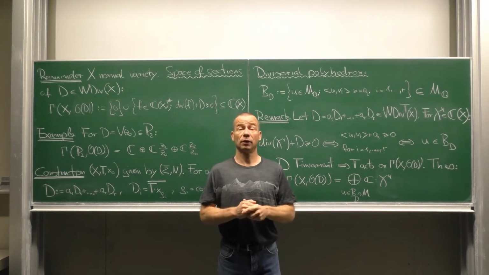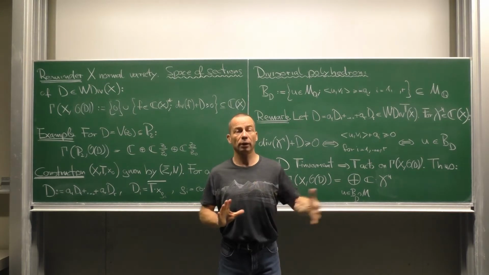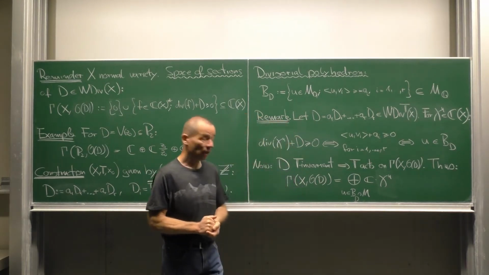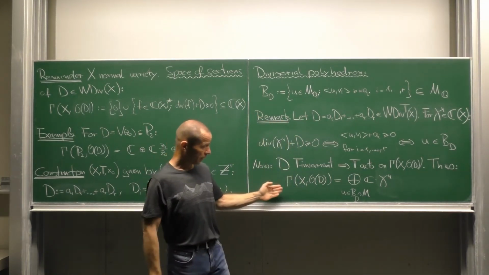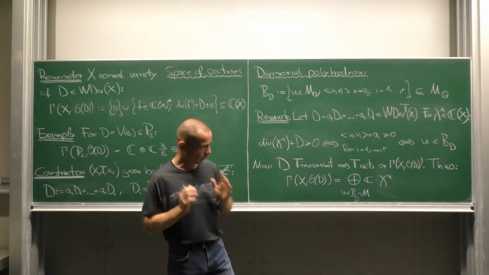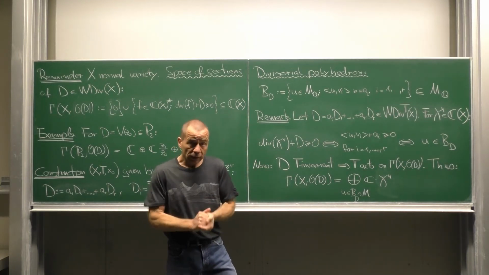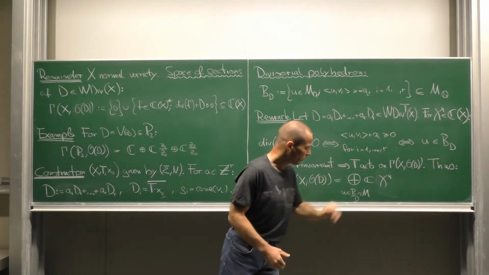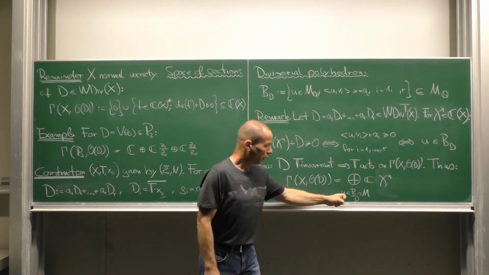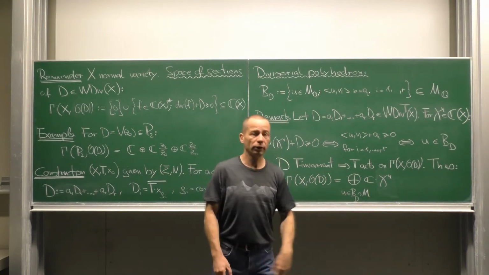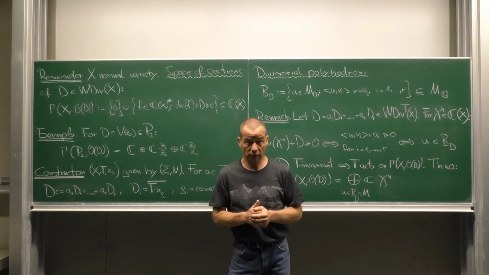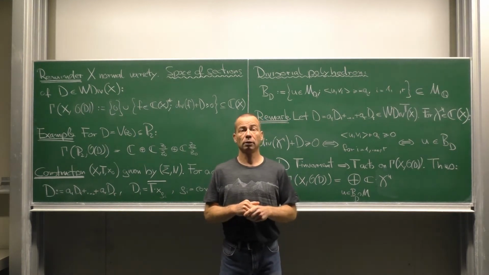So the character functions generate the space of sections. That means that the space of sections of our D is the direct sum over all character functions chi^u, where u is a lattice point inside the divisorial polyhedron BD.